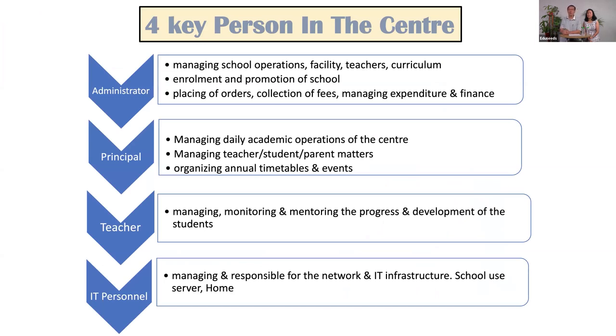Curriculum primarily will be in the charge of the administrator. Enrollment, promotion of school, placing of orders, collection of fees, managing expenditure and finances, all these will come under the administrator portfolio. For more detail, to those who are administrators, we will give you a handbook for that.